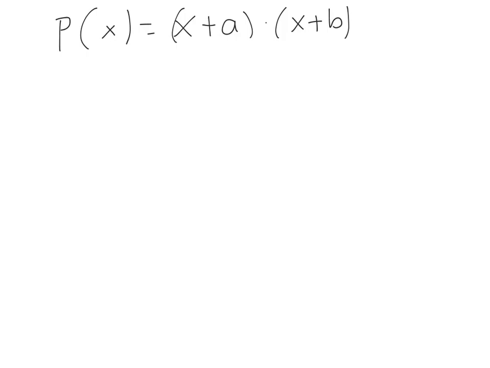Another problem from the 2012 university entrance exam is like this. P of x equals x plus a times x plus b, where a and b are elements of Z plus, meaning positive integers.